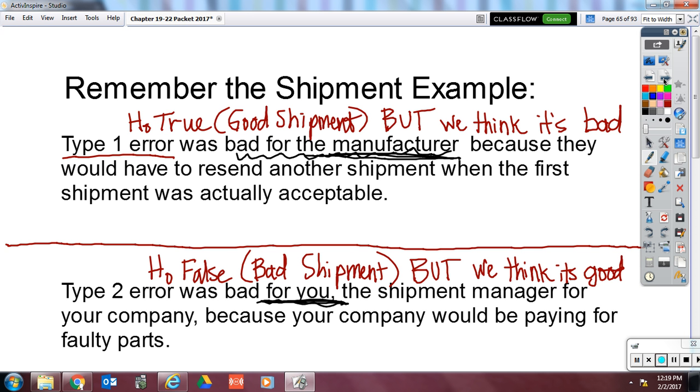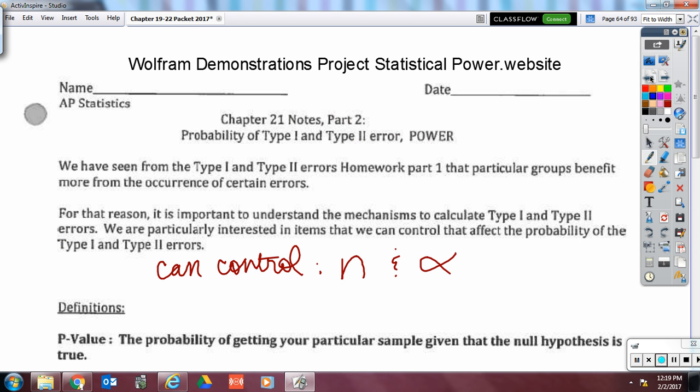A big alpha or a small alpha? Yes, small. The manufacturer does not like a type 1 error because he gets good items sent back to him. So he would say, I want alpha to be small because I do not want you to commit a type 1 error. See how you can control that.